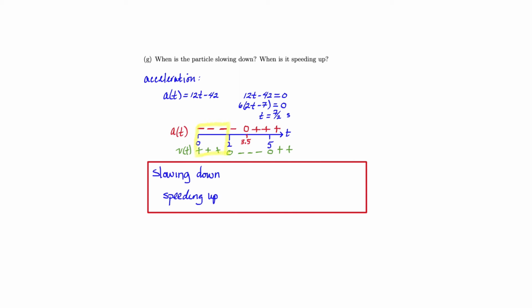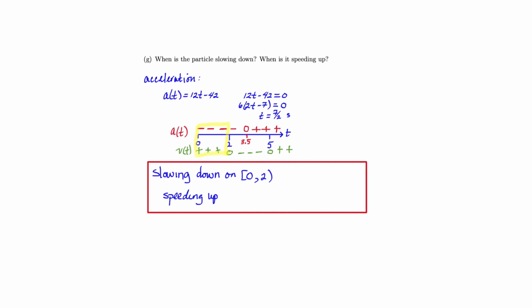So for example, this interval between 0 and 2, we can see the particle is moving to the right. It's moving in the positive direction because velocity is positive there, but the acceleration is negative there. So something is pushing it in the opposite direction of its motion. That means it's actually slowing down on that interval. So it's slowing down on the interval from t equals 0 to t equals 2.